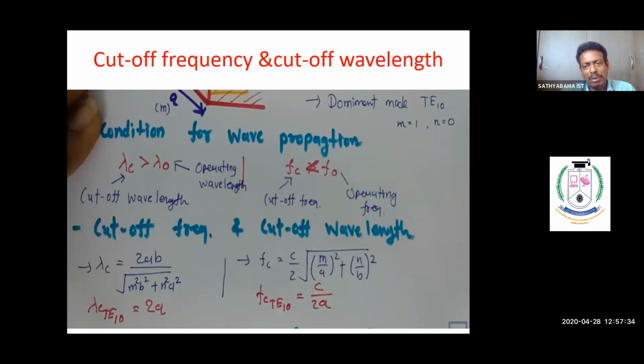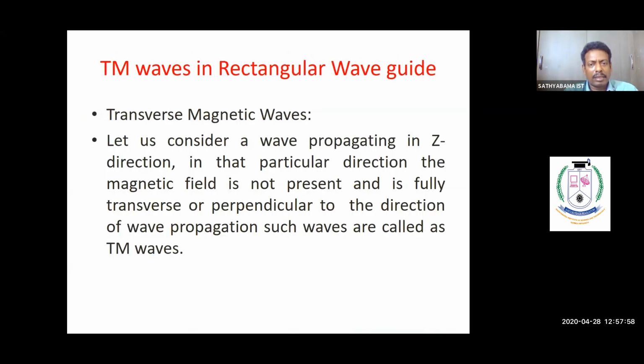That 1 refers to m, and 0 refers to n. So for TE10 mode, m would be 1 and n would be 0, and you can find the values of a and b for this particular mode, and c is the velocity of light. Okay. So using this relation, you can design a waveguide for any cutoff frequency. The dimensions will vary. Okay. Thank you.